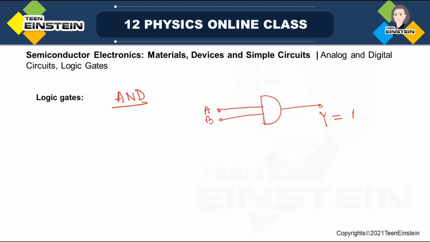So your Boolean expression will be A dot B. This is a kind of multiplication, but in case of digital circuit, this represents AND operation. Dot means AND operation. We may casually say that this is A dot B, but in the language of digital circuit, it is AND operation. So this is the Boolean expression for a two input AND gate.